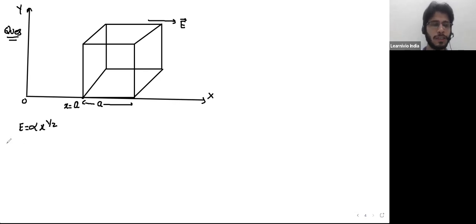So the question says electric field, that's Ex, exists along x-axis.